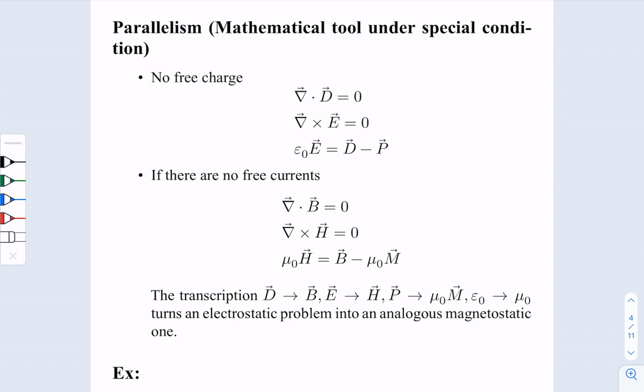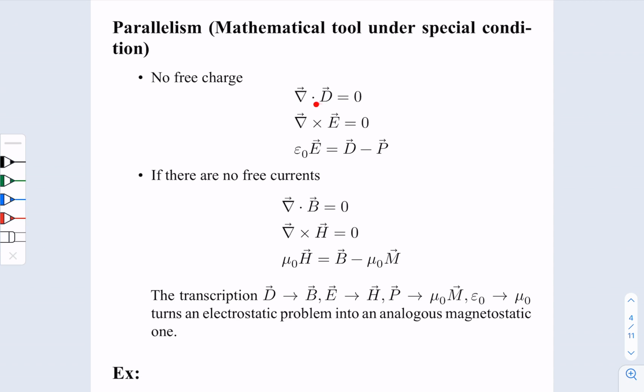Now, if we take a look at the electrostatic problem, I hope you still remember that first, del dot D equals 0. Do you know the reason why del dot D is 0 here? Yes.